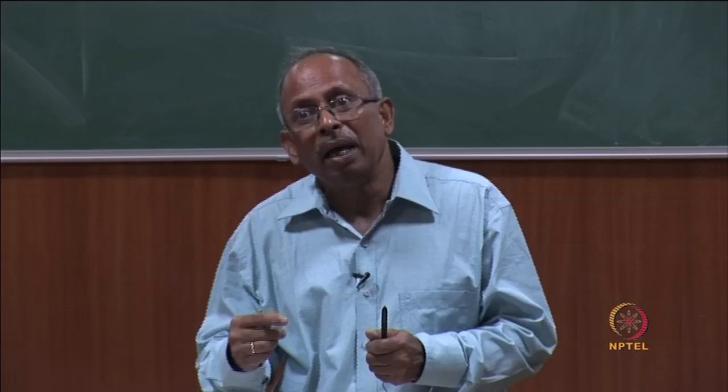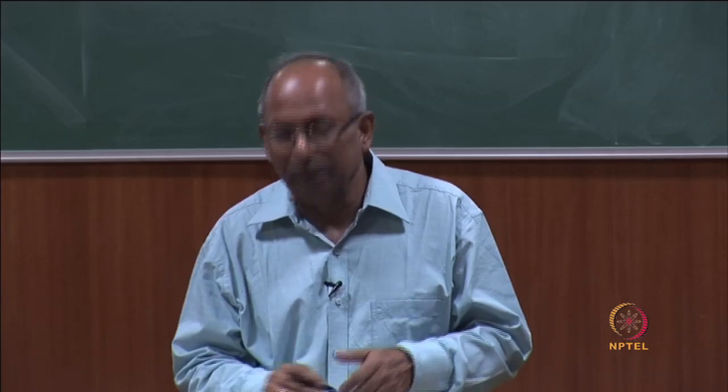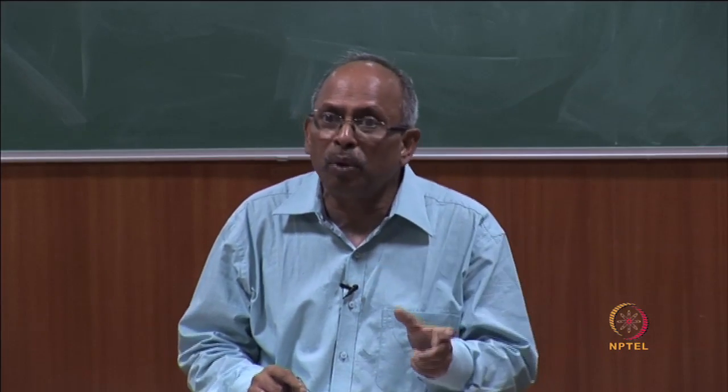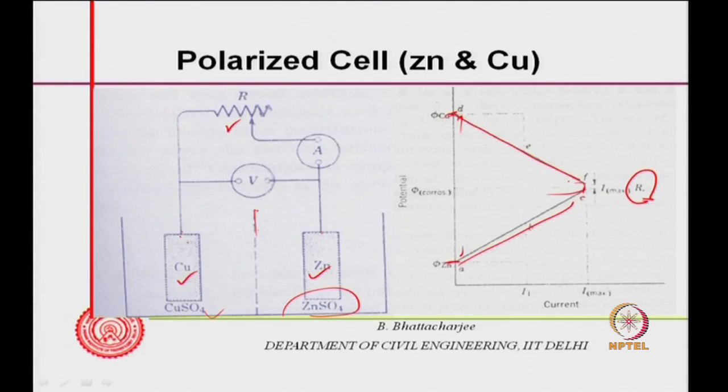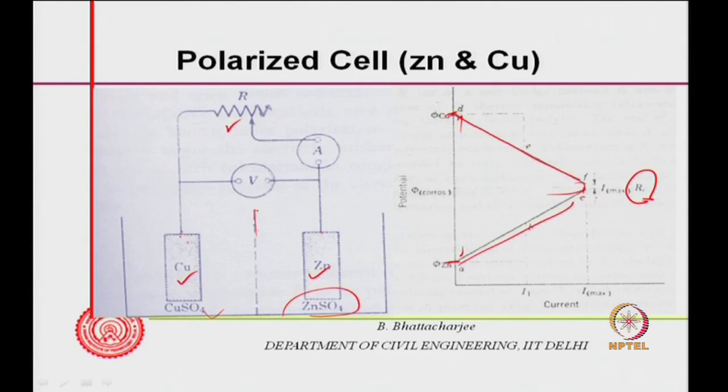So, finally, the IR drop across the resistance would be much less than this difference, because there will be some drop across the electrical double layer, and that is why the polarization occurs. This IR drop across a resistance, we call ohmic polarization, because I have connected a resistance.